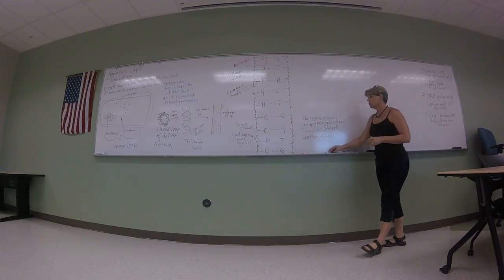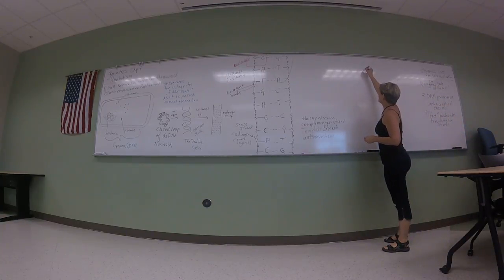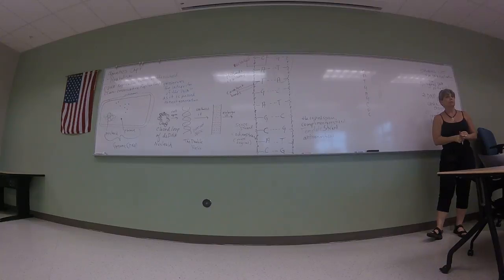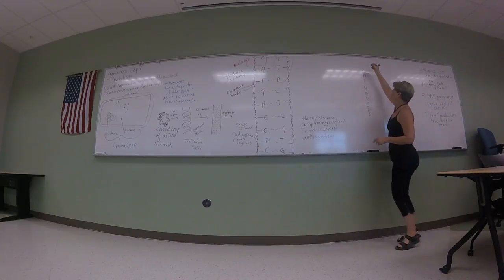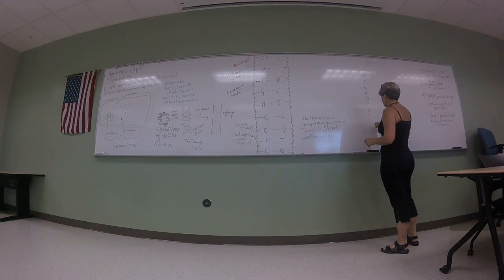In fact, he used to give us homework problems, and the homework problem would be something like this. And it would go on forever and ever and ever. Then it would probably have a codon up here that was the codon for start, and a codon down here that was for stop.